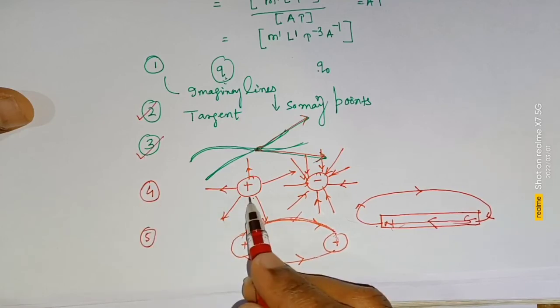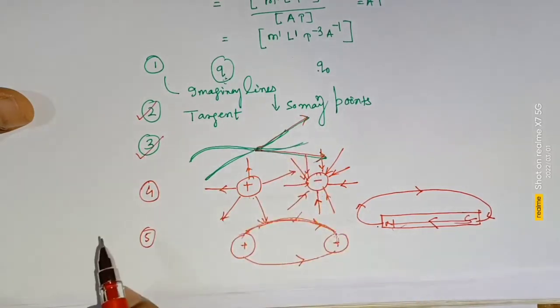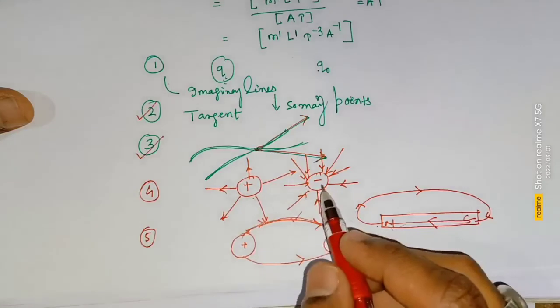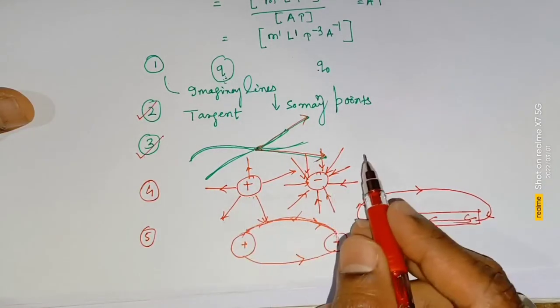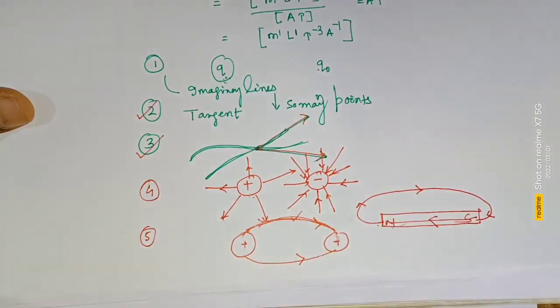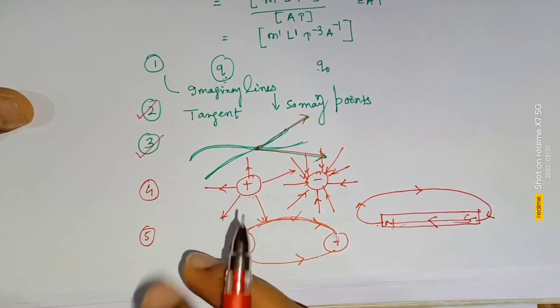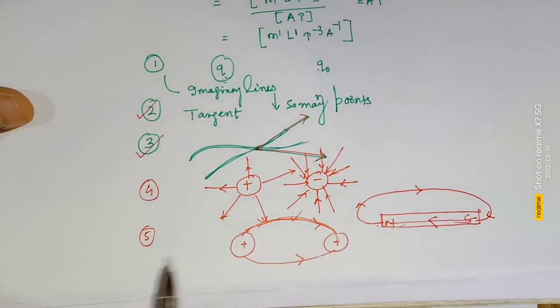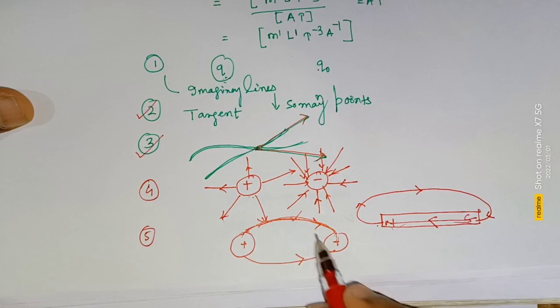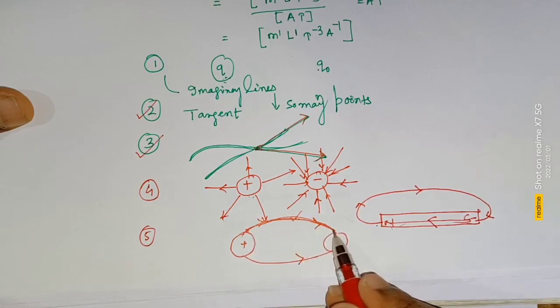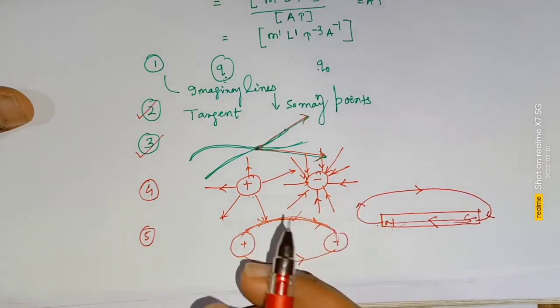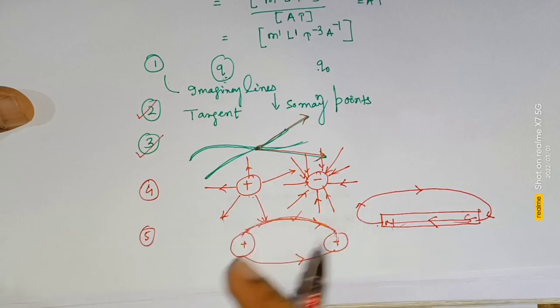Fourth, for positive charge the field lines are radially outward, and for negative charge field lines are radially inward. Electric field lines are discontinuous in nature, but in space they are continuous, and electric field lines never form a closed loop.